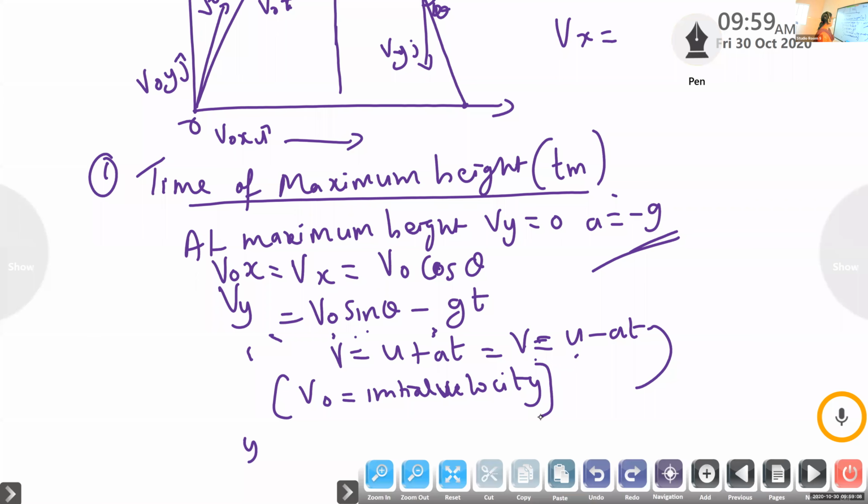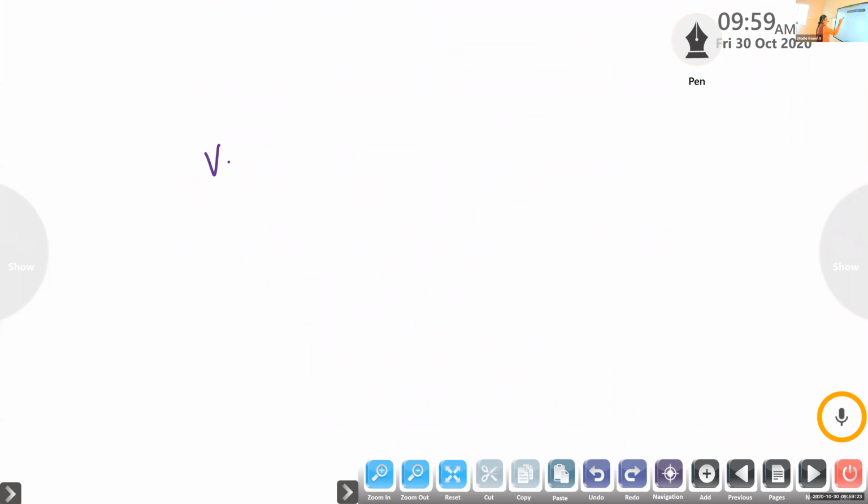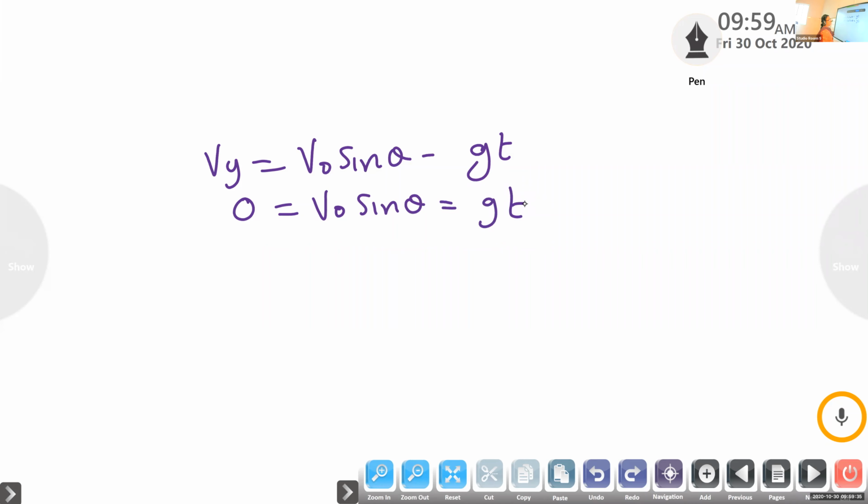Okay. So now we already know Vy is equal to 0. So now we are going to use this equation here. Therefore, we have, once again I'll write it, V0 sin theta minus gt. That is 0 is equal to V0 sin theta minus gt. Then what we have to find out? Time. So just take minus gt this side.